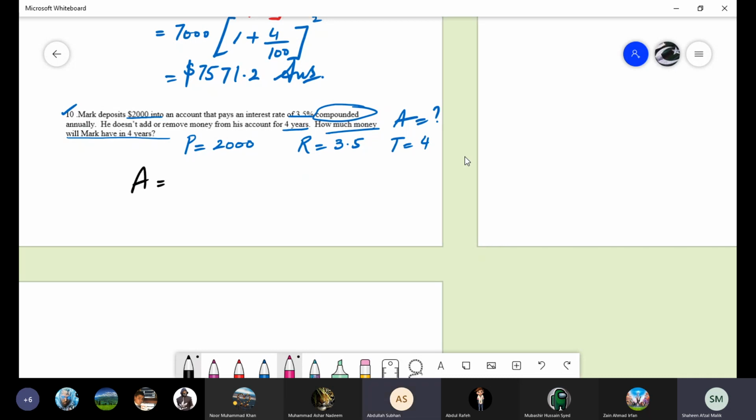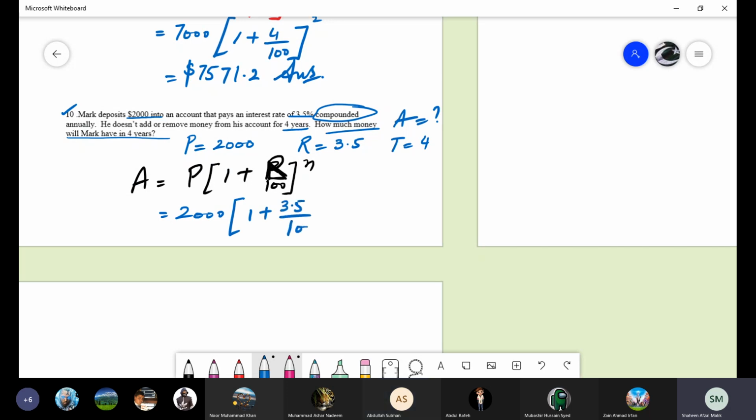Ma'am, same formula. Same formula, P into 1 plus R over 100 raised to power n. Substitute the values. 2000 into 1 plus 3.5 over 100 raised to power 4.